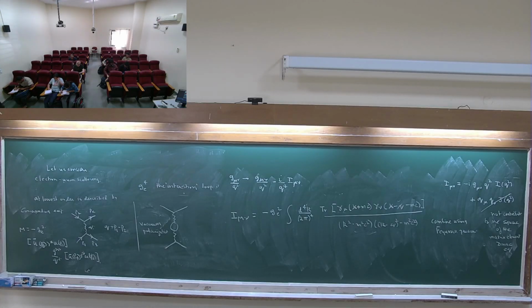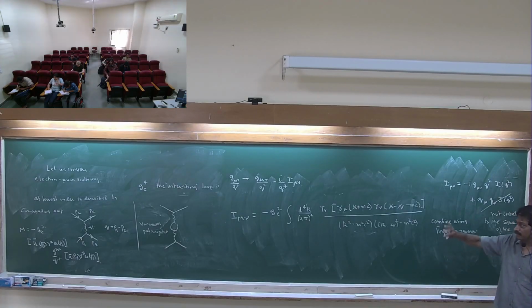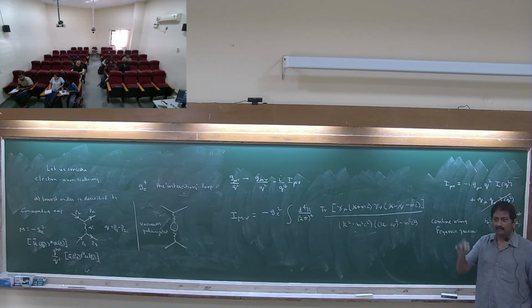So after you combine them, then you can do the d^4k integral, and what remains is the integration over the Feynman parameter. That is yet to be done.